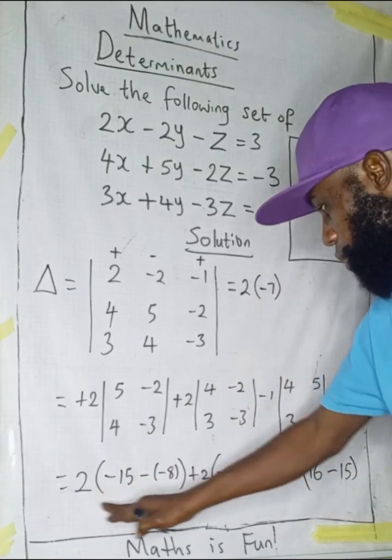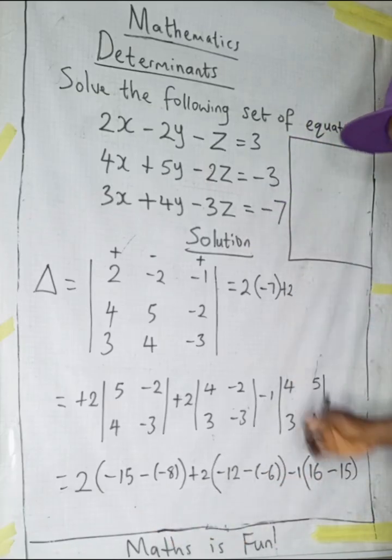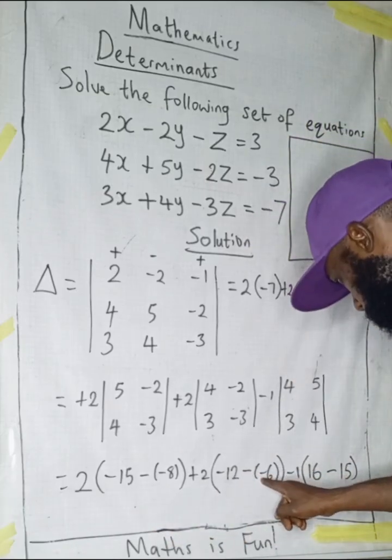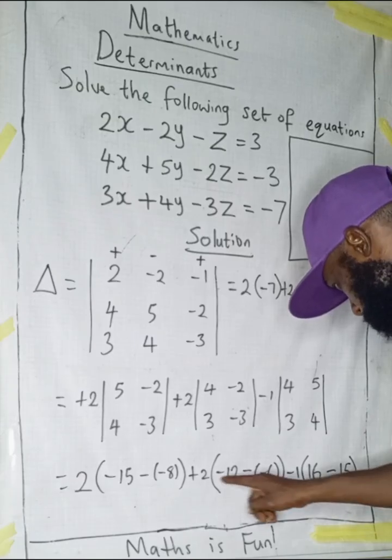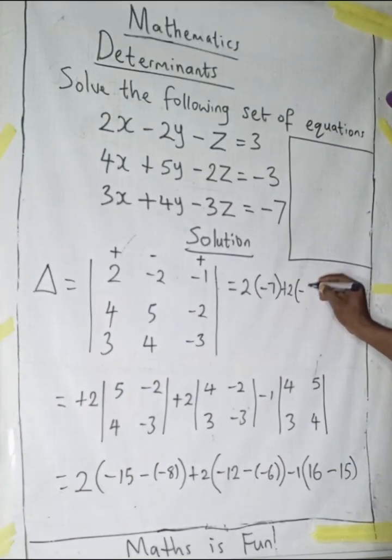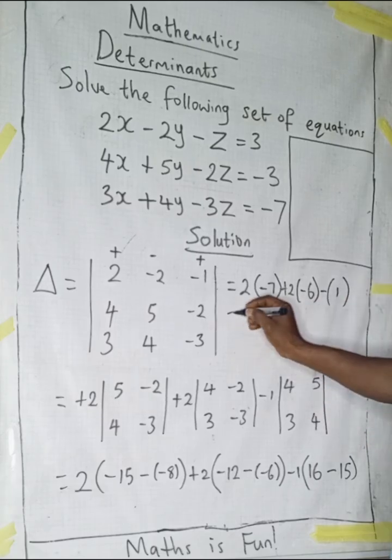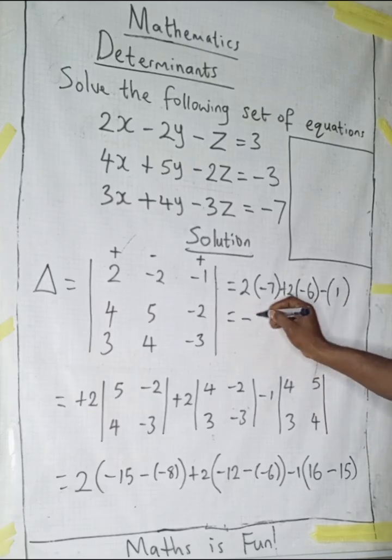So 2 times minus 7, plus 2. What do we have here? This is plus 6. So 6 minus 12 is minus 6, times 2. Let's just put minus 6 here. Then minus, what do we have here? 16 minus 15 is 1.